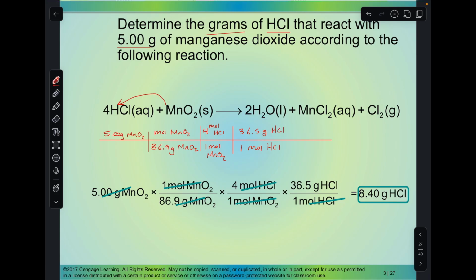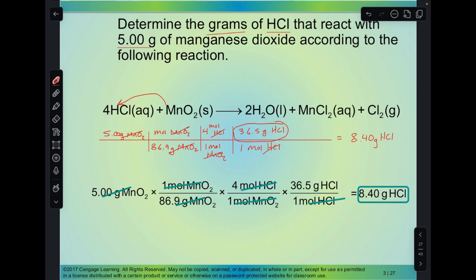And so, just to be sure, grams of MnO2 we can cross out, grams of MnO2, moles of MnO2, moles of MnO2, moles of HCl, moles of HCl. The only thing we're going to be left with is grams of HCl. And so this is going to give us the answer that's below, 8.40 grams of HCl.